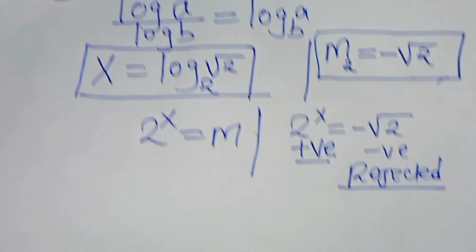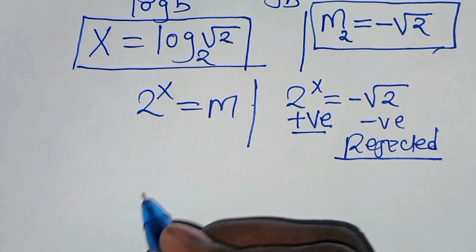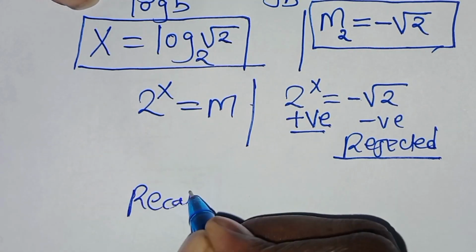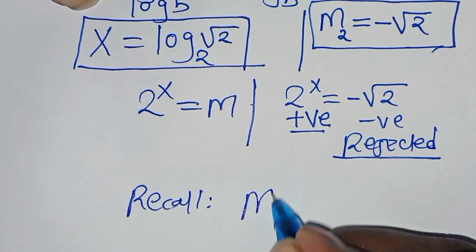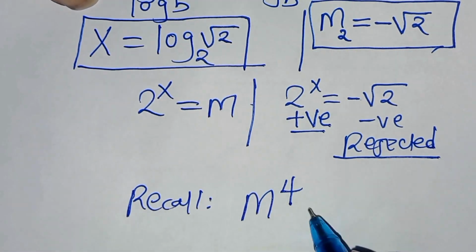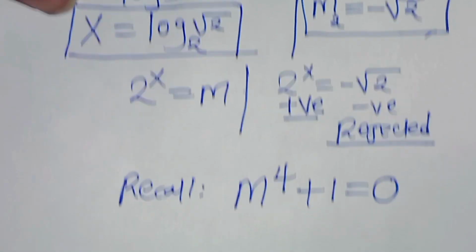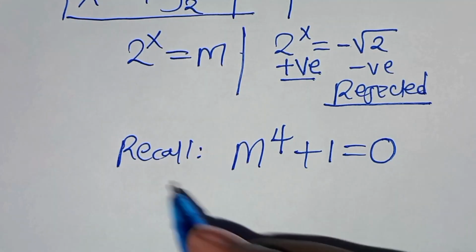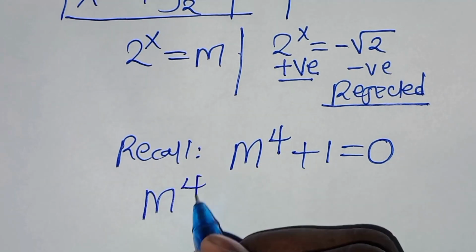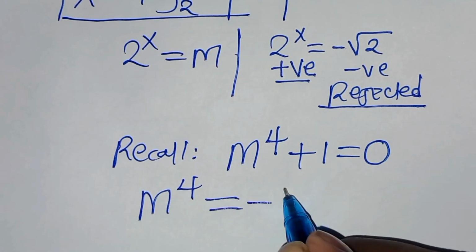Now, let's proceed. We have that m to power 4 plus 1 is equal to 0. So this is the second part here. So we have m to power 4 is equal to minus 1.